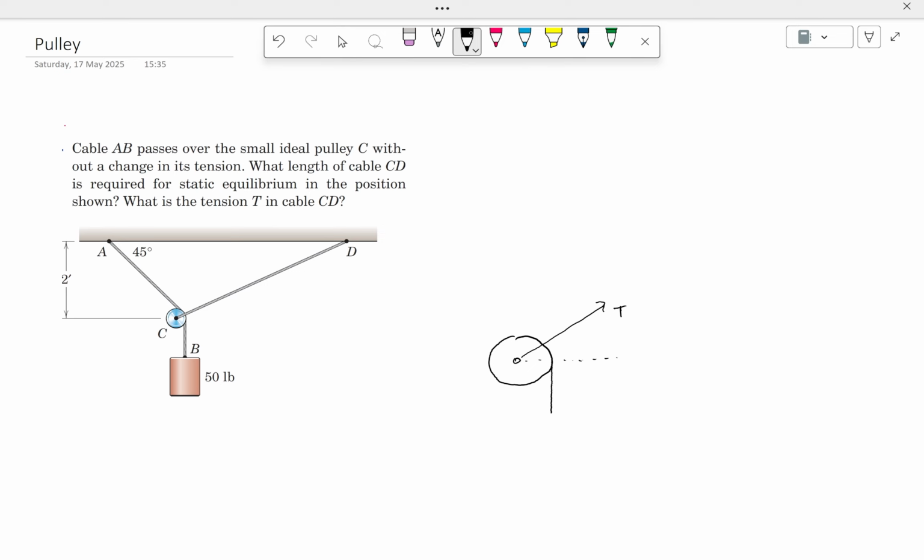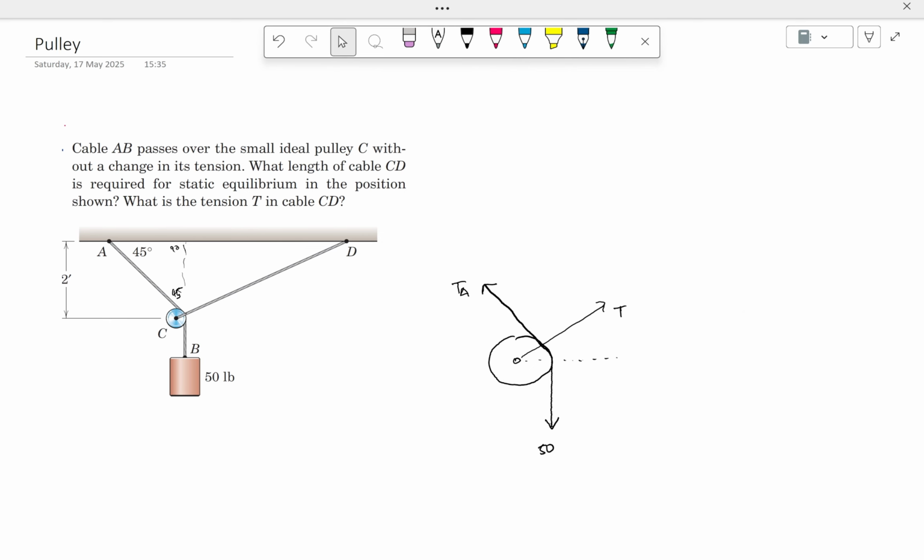Here you will have 50 pound, and here you also have, let's call it TA, tension to the A. That we don't know, that should be 45 too, right? Because if this is 90, this is 45, this is 45, right? Am I right? Okay.